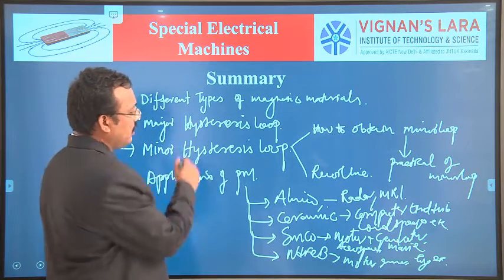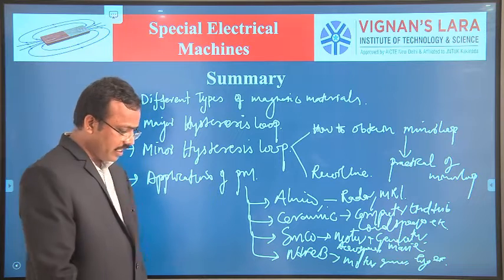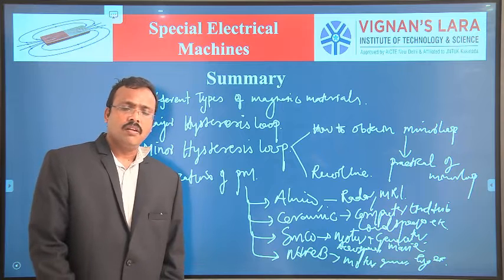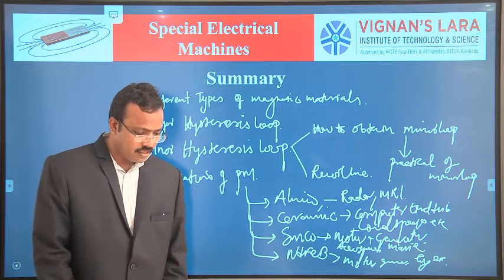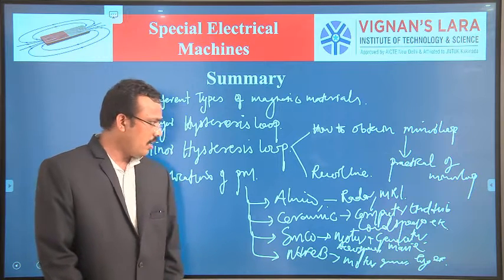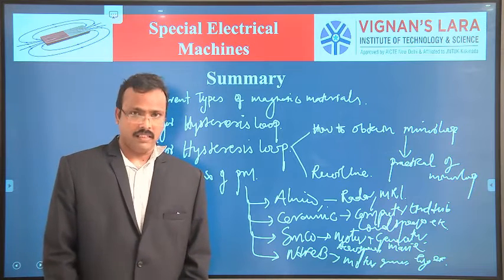So this is the summary of today's class. Today we discussed what a major hysteresis loop is, what a minor hysteresis loop is, the use of the minor hysteresis loop, what a recoil line is, and also the different types of applications of permanent magnet material.